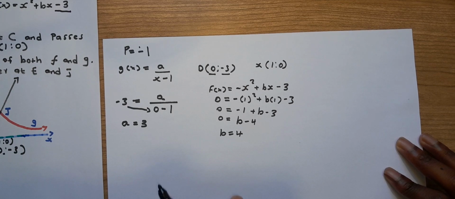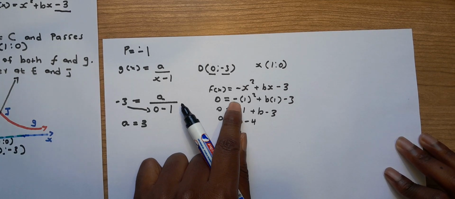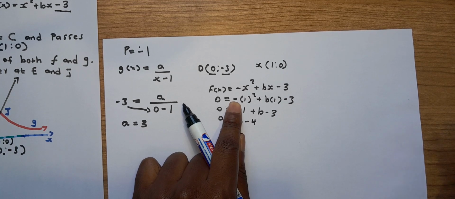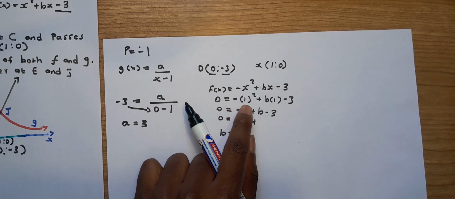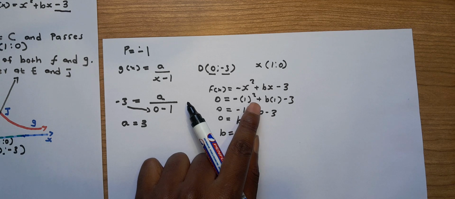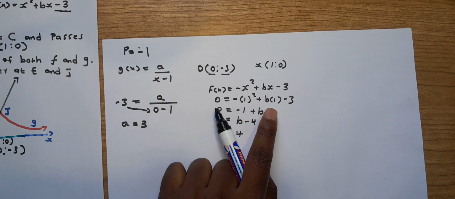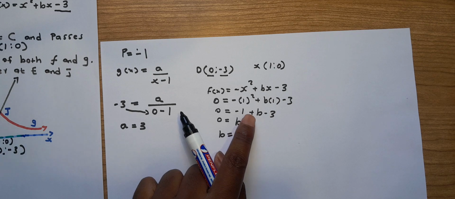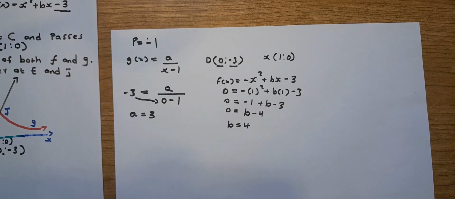But what we do is we take this negative outside. We don't put it inside. That's how much I know math. And then we put this one inside, plus 1. Obviously we're going to have -1 plus b minus 3. I get b equals 4.